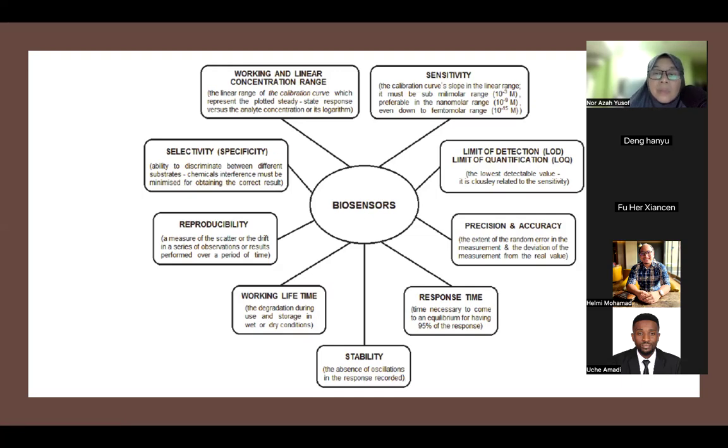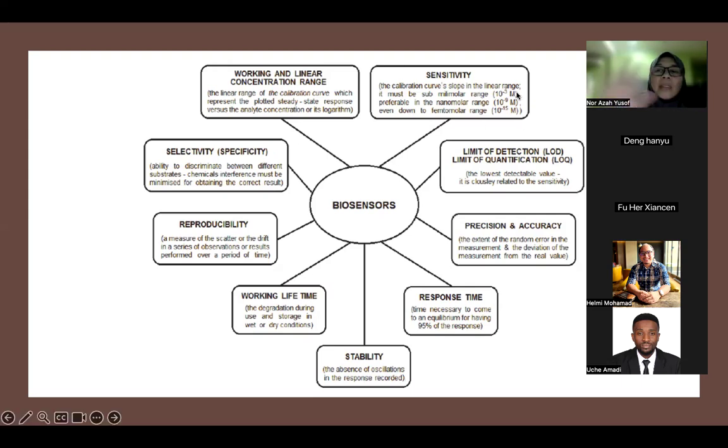Okay, so for example, if you are to detect the toxic level of plumbum in river water, it has to be good enough to detect down to certain parts per billion. If your sensor is not good enough to detect down to parts per billion, then it's not suitable to be developed further. In terms of application, it's not very practical. So we have to know the sensitivity.